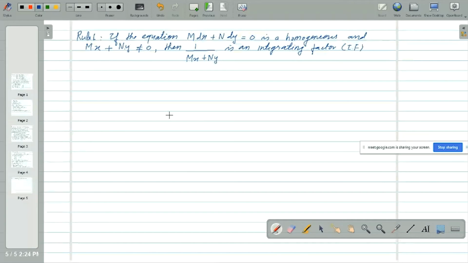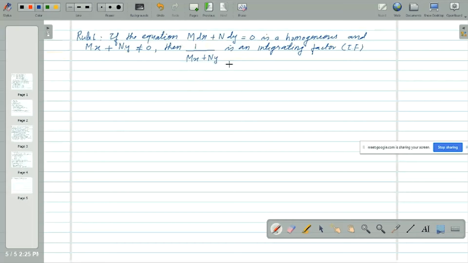Rule number 1 says, if the equation M dx plus N dy equal to 0 is homogeneous, meaning the degree of each term is the same, the degree of M is the same as the degree of N, then that expression is known as homogeneous. If M into x plus N into y is not equal to 0, then 1 upon Mx plus Ny is an integrating factor.